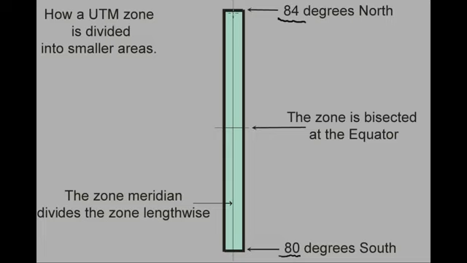You see this skinny little line running down here that I'll try to outline. This skinny little line, which is a lot straighter than what I've outlined, is the zone meridian. So between the zone meridian and the east boundary of the zone, and between the zone meridian and the west boundary of the zone, is 3 degrees of longitude, because the zone is 6 degrees of longitude wide.